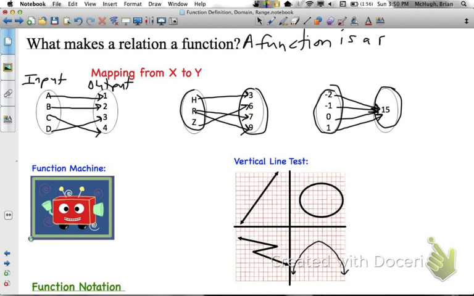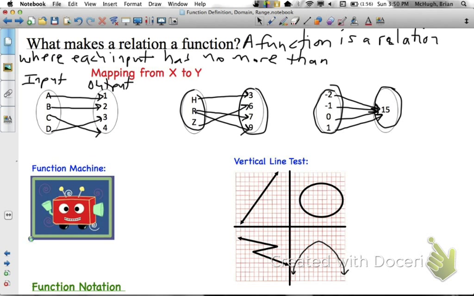A function is a relation where each input has no more than one output.